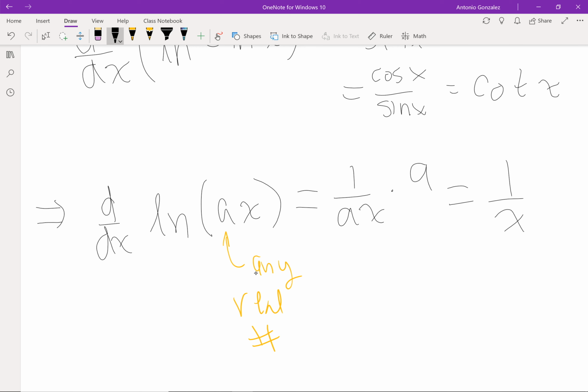Actually, let me clarify that. Not any real number, any positive constant. Any positive real number. Right, if we assume that x is a real number bigger than 0, then a would also have to be a positive constant.